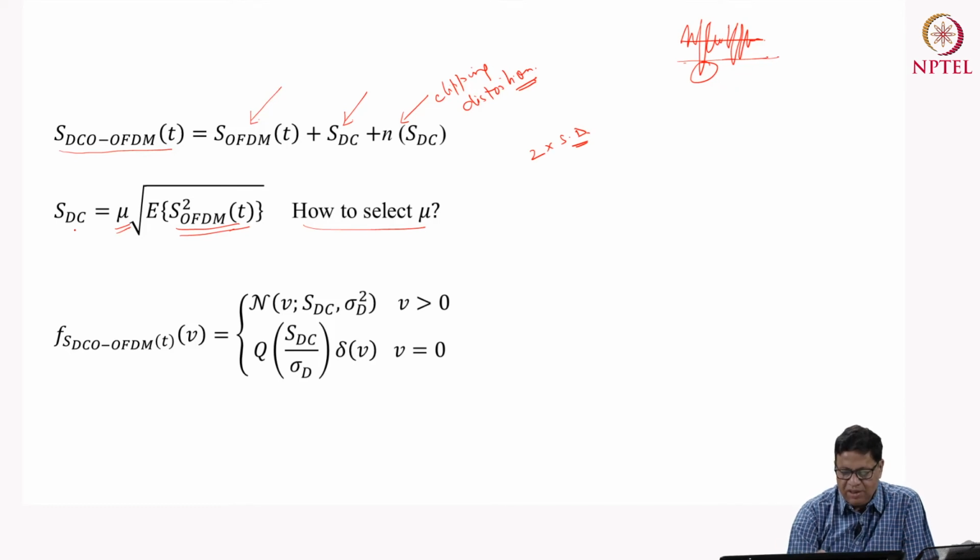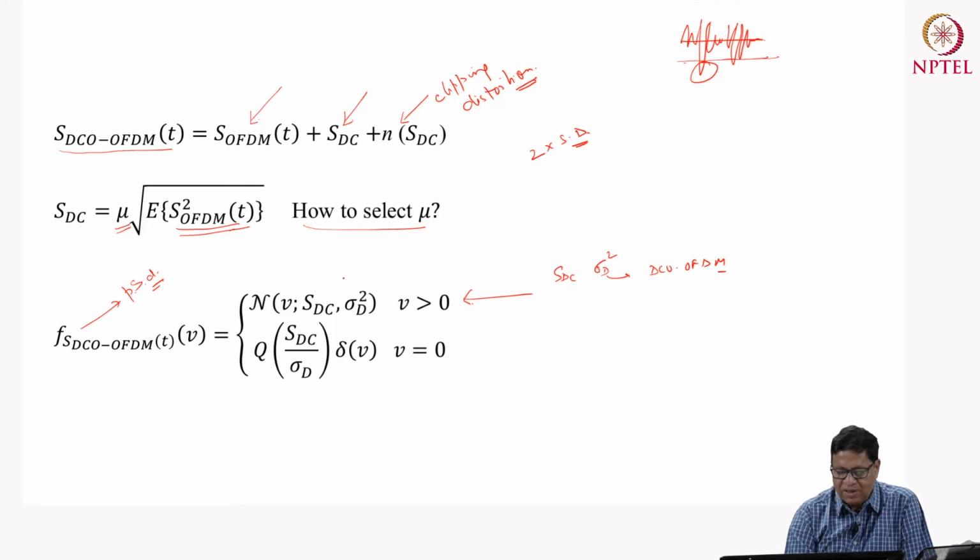And then if you see the amplitude of the DC shifted signal, and you try to find out the power spectral density for such a signal, as I mentioned, the amplitude variations follow a Gaussian distribution. So this first part is basically because of that Gaussian distribution. This is characterized by mu, which is the average SDC, and variance sigma d squared. D stands for DCO-OFDM.